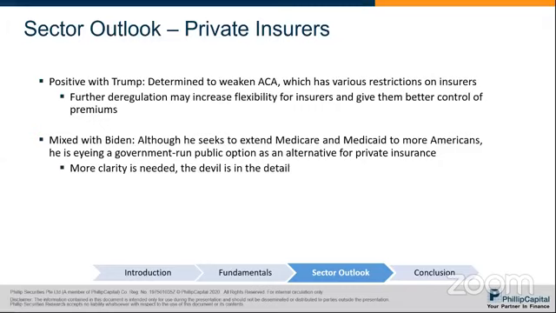But for Biden, even though he wants to extend insurance coverage to more Americans, he has a proposal for a government-run public option as an alternative to private insurers. Not to say that it's totally negative, but as of now, it's still at an early stage. So we definitely need to await more clarity on how Biden actually wants to do this. That's why currently for insurers, it's still kind of mixed with Biden.